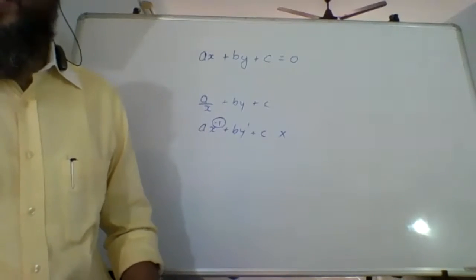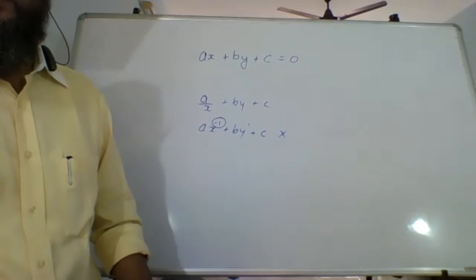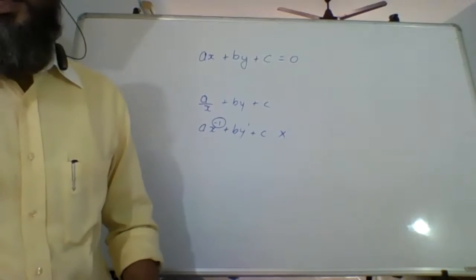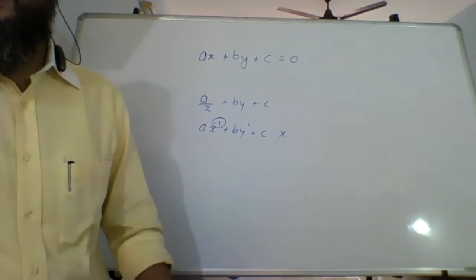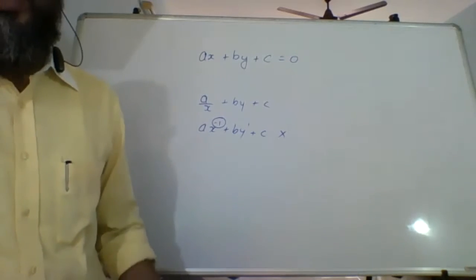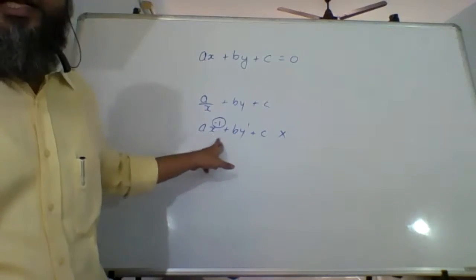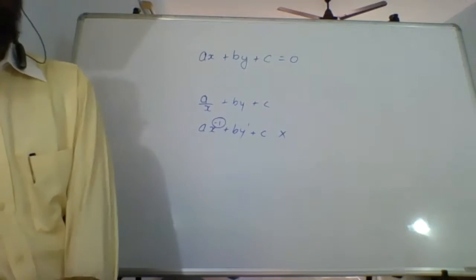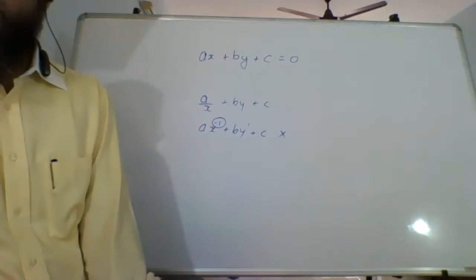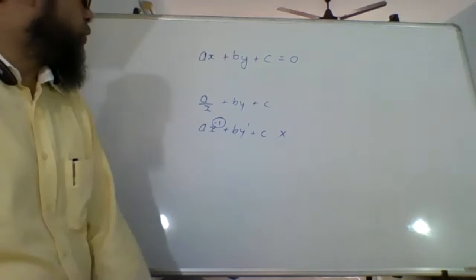It cannot be more than 1. Okay, it cannot be other than 1. If the power is 1, then it is called a linear equation. If there are two variables like x and y, then it is a linear equation in two variables. Okay, we are going to see how to solve them.